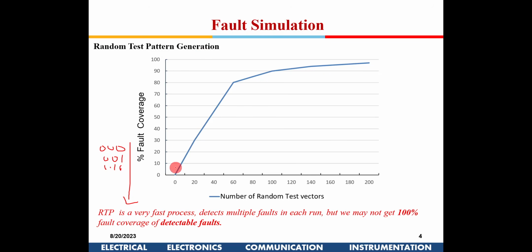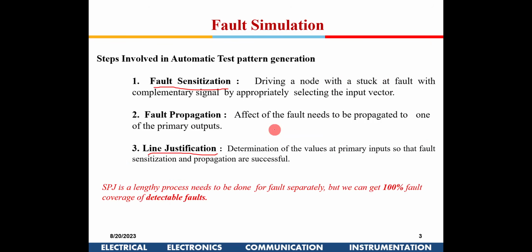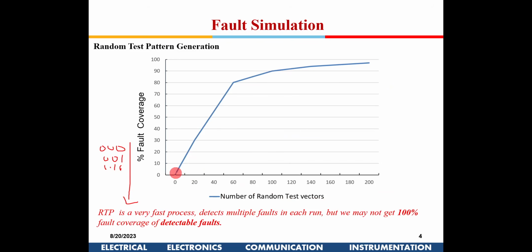So you keep generating those random test patterns and give them to the fault simulator. Randomly some test patterns will be given to the fault simulator, and initially, as the number of test patterns increases, the number of faults covered will grow at a good rate.